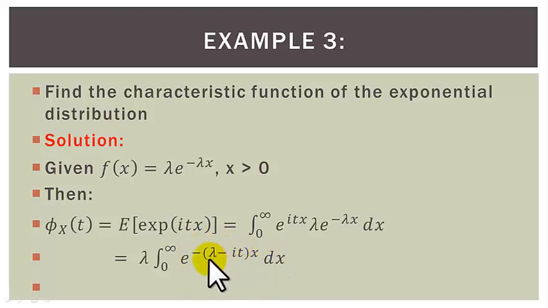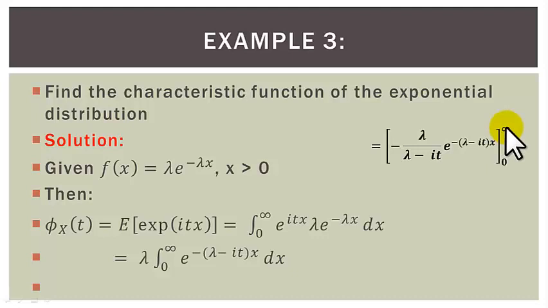Evaluating this integral with respect to x, we have the following: minus lambda all over lambda minus it, exponent minus in bracket lambda minus it times x, and the limit of integration is from 0 to infinity.